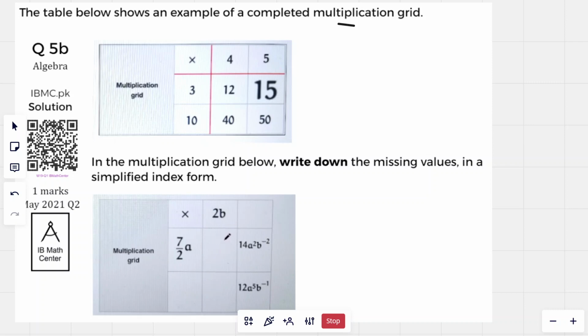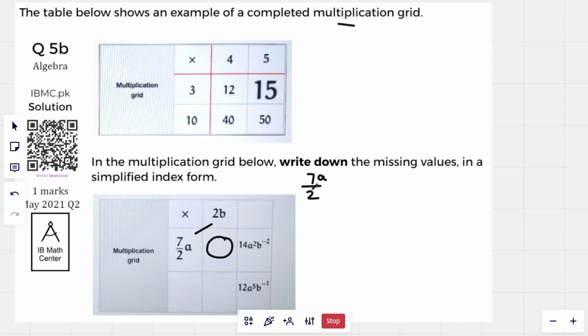But we know that the one here is a multiple of these two. Let's multiply them. So 7 over 2, a written here can also be written on the numerator.